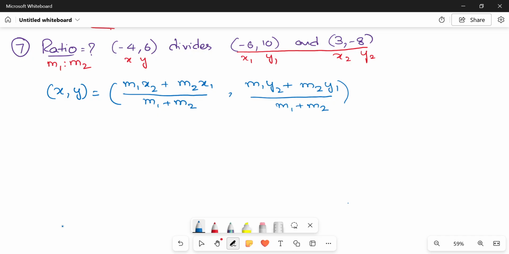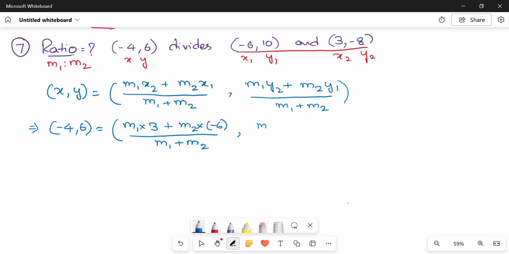So that implies x comma y is given as minus 4 comma 6 equals m1, we don't know, into x2 which is 3, plus m2, we don't know, and x1 is minus 6. When you have minus, you keep it in brackets. Divided by m1 plus m2 comma m1, we don't know, into y2, which is minus 8, plus m2, we don't know, into y1 which is 10, divided by m1 plus m2.